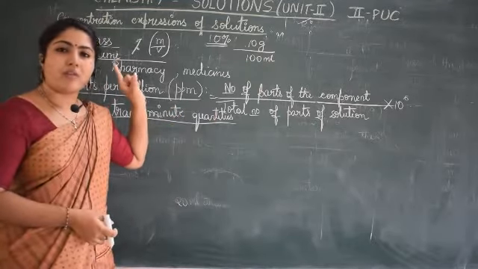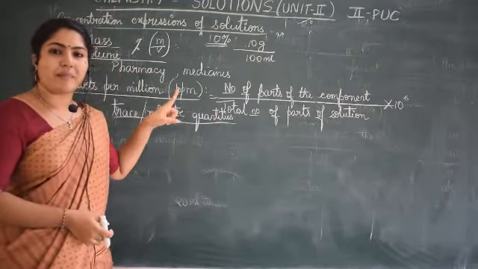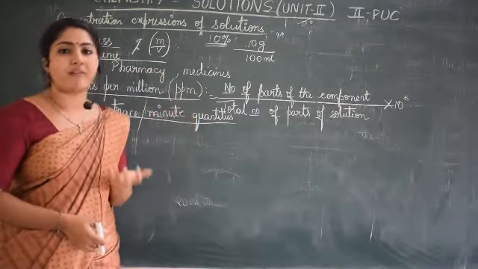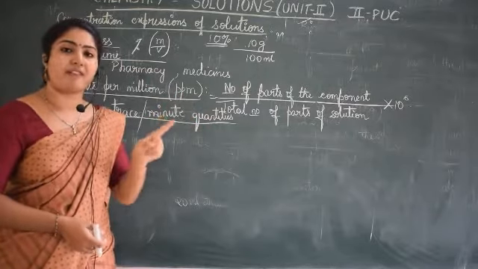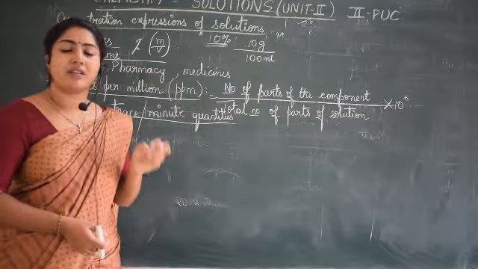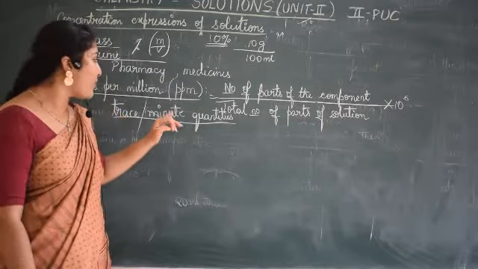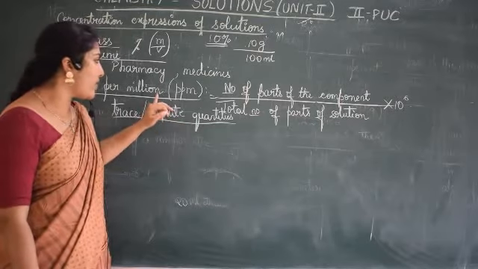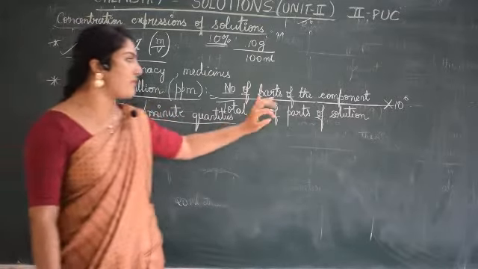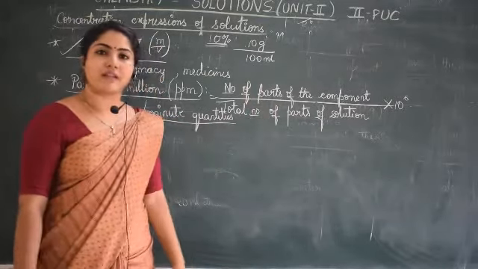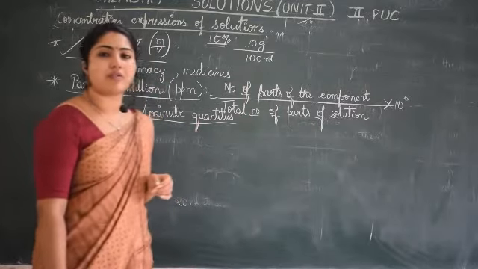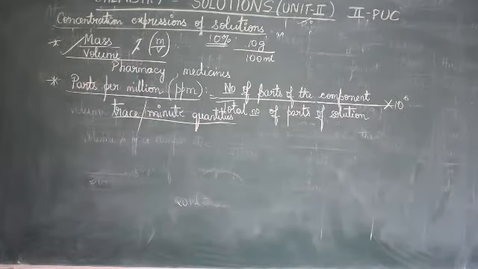I had told you about fluoride ions, isn't it? 1 ppm is used to prevent tooth decay, but 1.5 ppm will mottle the tooth, that is, it is harmful for the teeth. Likewise, for trace quantities we use ppm, which is number of parts of component by total number of parts of solution into 10 to the power 6. That is parts per million.